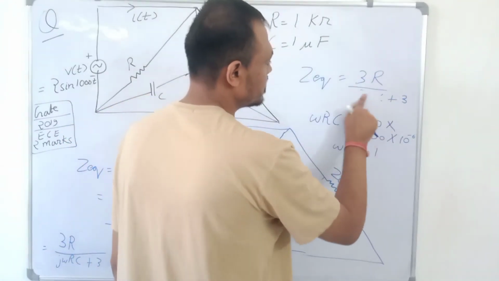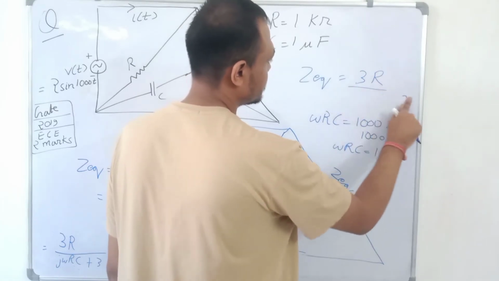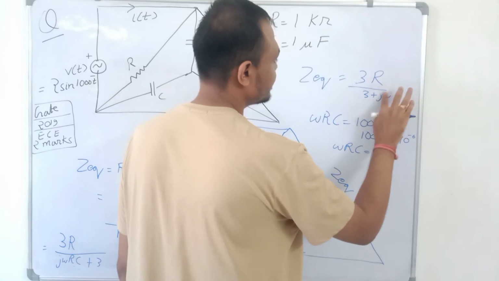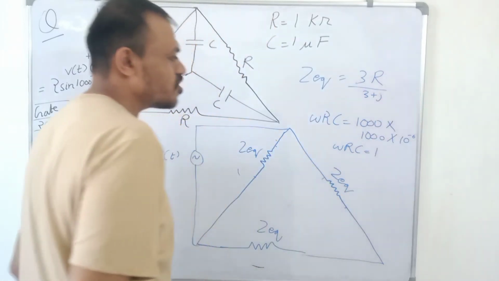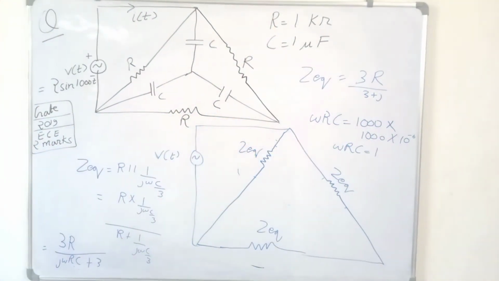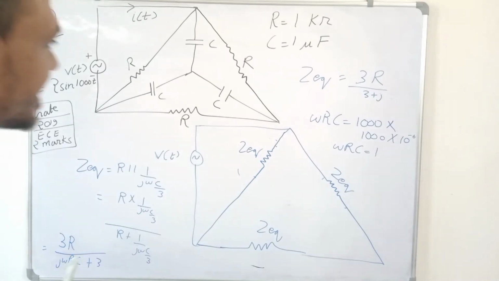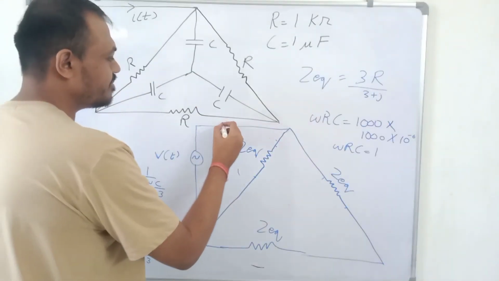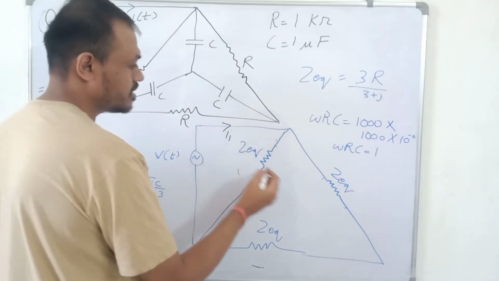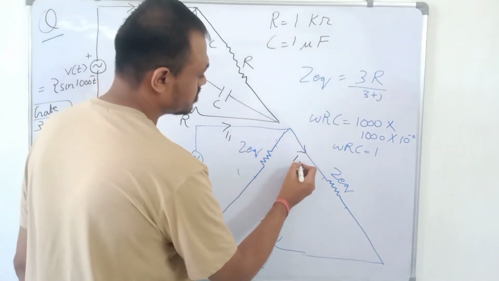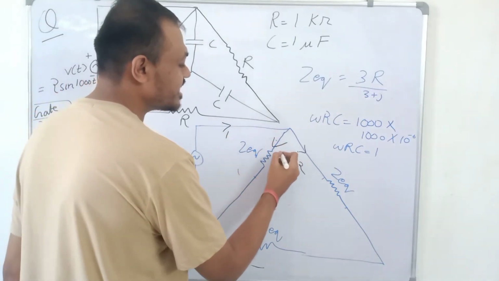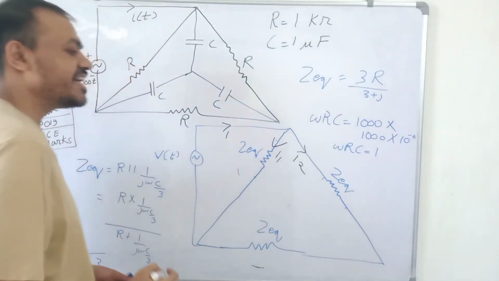So it will be reduced to 3R upon 3 plus j, because omega into R into C is equal to 1. So Z equivalent is equal to 3R upon 3 plus j. Sorry, this is current I. So current I is getting divided into two currents, I1 and I2.